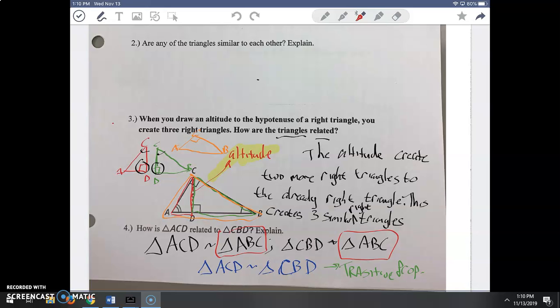Over to the right, it says the altitude creates two more right triangles in addition to the already right triangle. This creates three similar right triangles. Let me rephrase what I looked at above.